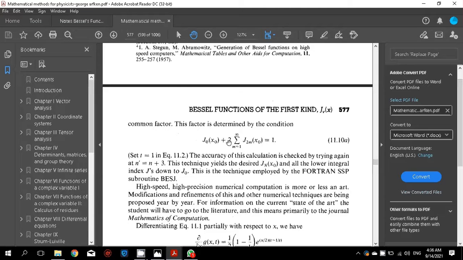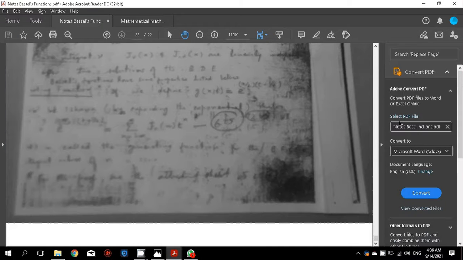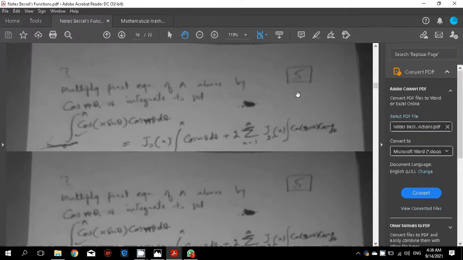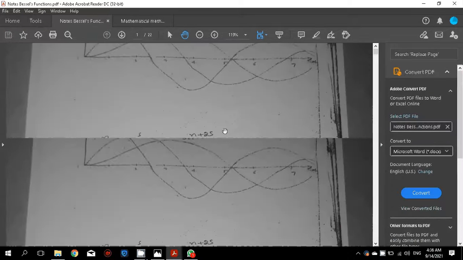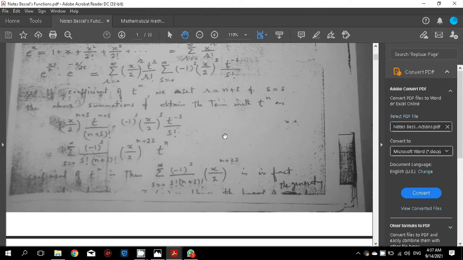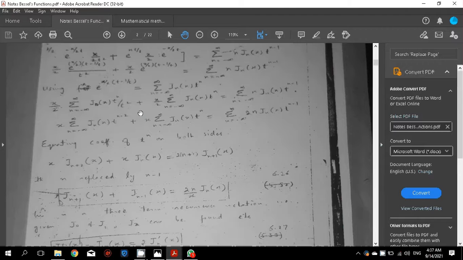Here I have done the detail of the derivation of the generating function from my notes, and then the recurrence relation.